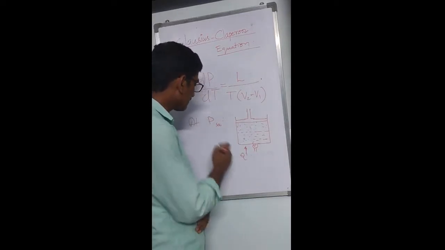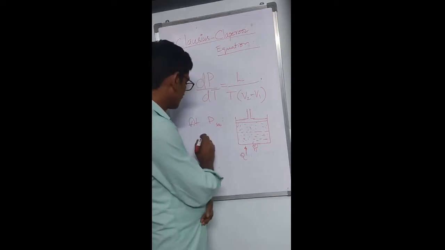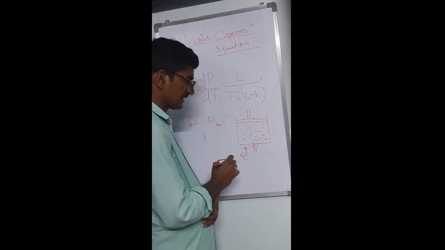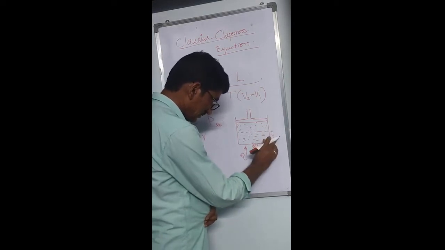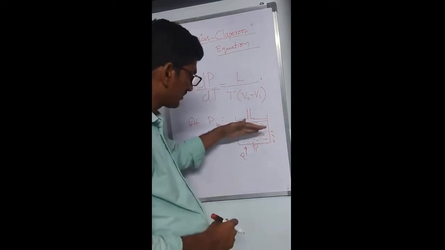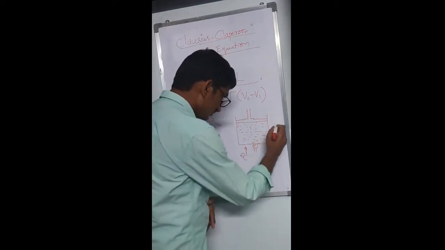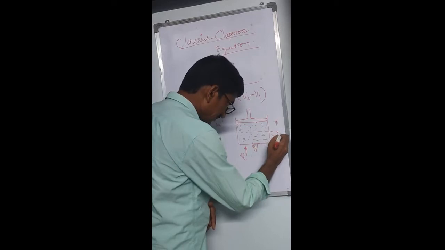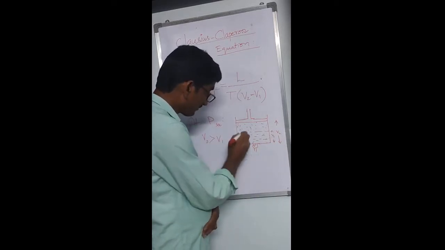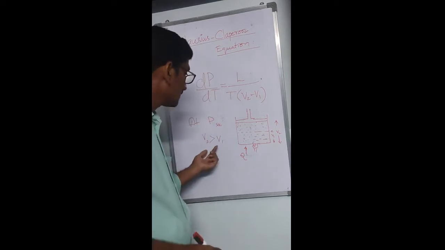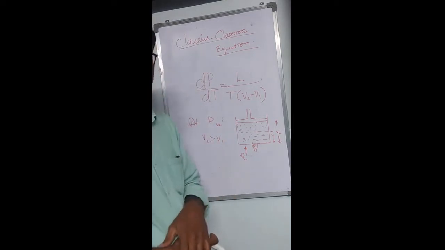Here you are going to observe a rise in the temperature. Suppose up to this level the volume of the vessel is V1, and now it changes to V2, which is always greater than V1 in the case of water. So the volume of the system is increasing.